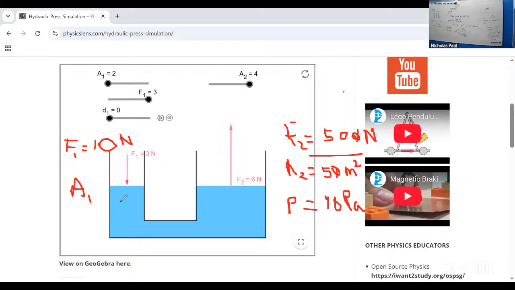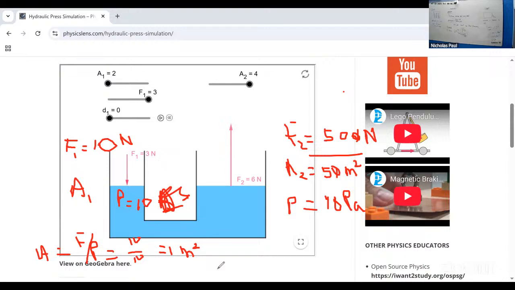So what's the pressure on this side? Same thing. I just find the area now. Area would be force divided by pressure. So it's 10 divided by 10, which is 1 square meter. So you've got to be careful.